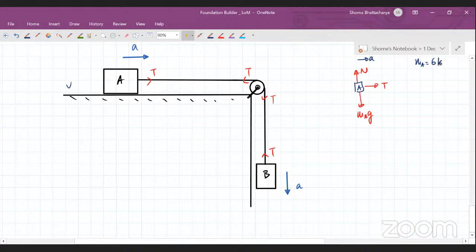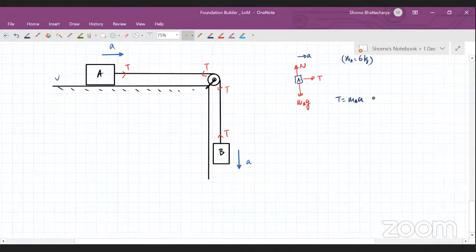Mass of A is given to us as 6 kg. So tension will be equal to mass of A into acceleration. So this equation will become T is equal to 6a, and normal reaction will balance the weight, which is 60. So this is the important equation for us.